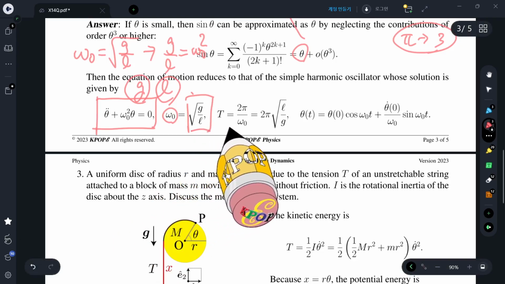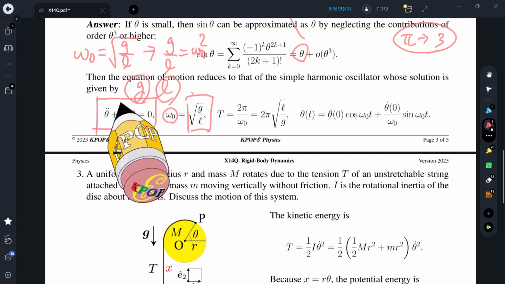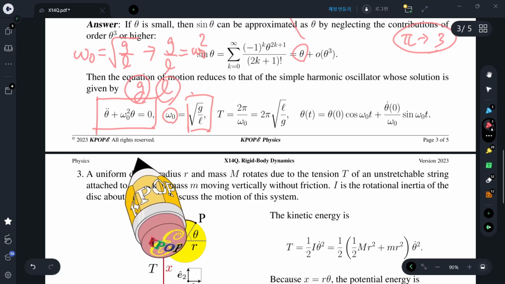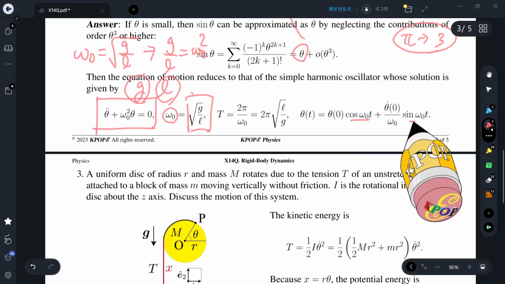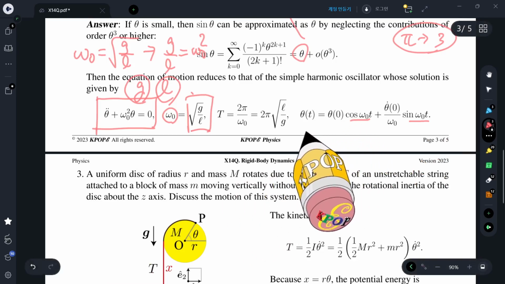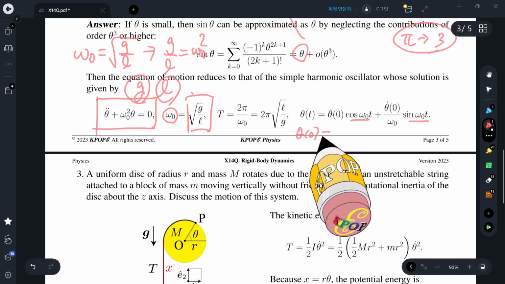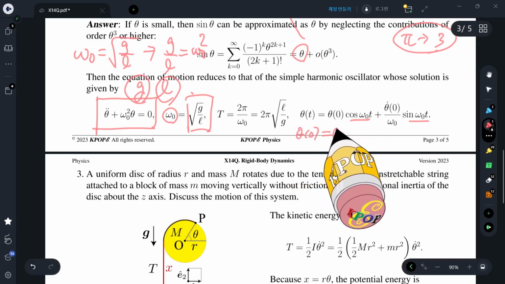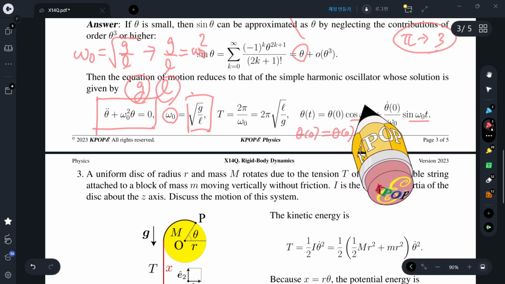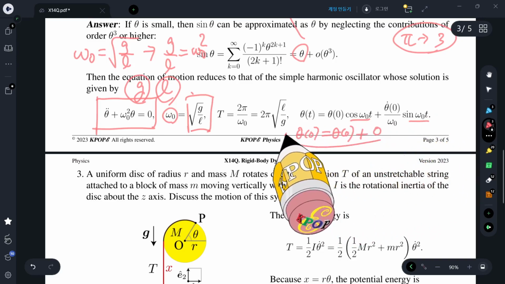The period is 2 pi over omega 0, and the solution of this equation of motion is actually the linear combination of sine and cosine. Let's see, if I substitute t equals 0, I find theta 0. That's fine.